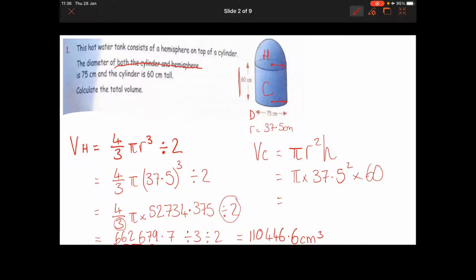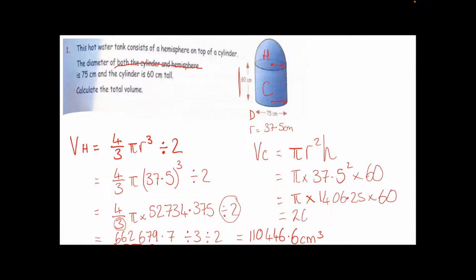So that is going to be pi times by 1406.25, and then times by 60. That means that I get 260,071.9 centimetres cubed.